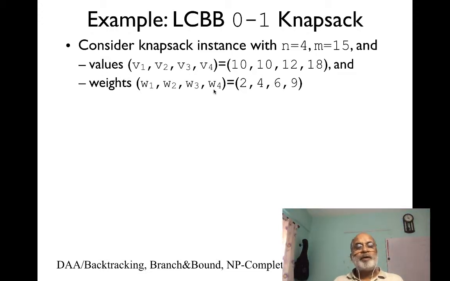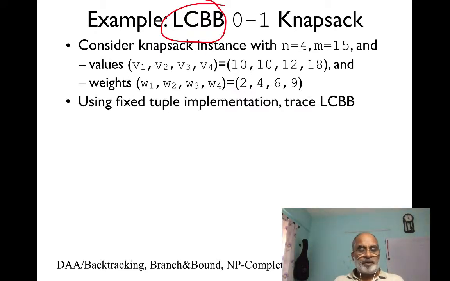So using these values, weights and a knapsack capacity of 15, how do we do least cost branch and bound, known as LCBB? That is the least cost branch and bound approach for our knapsack problem.